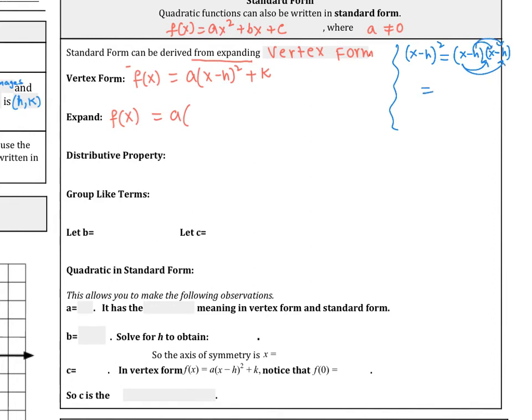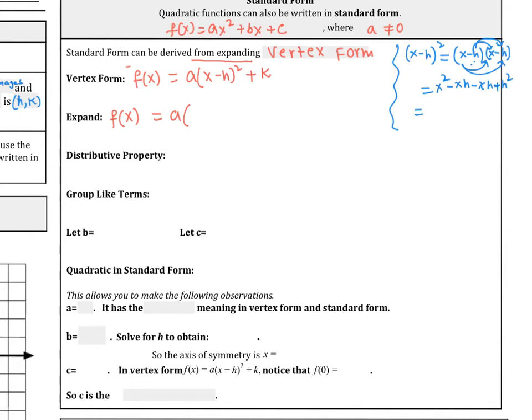So it's going to be x times x, which is x squared. x times h is negative xh. h times x is negative xh, and negative h times negative h is h squared. Again, x times x is x squared, x times negative h is negative hx, and negative h times negative h should be positive h squared.